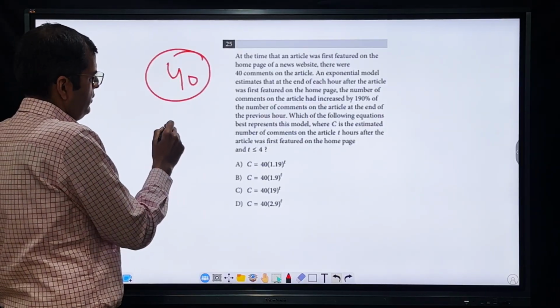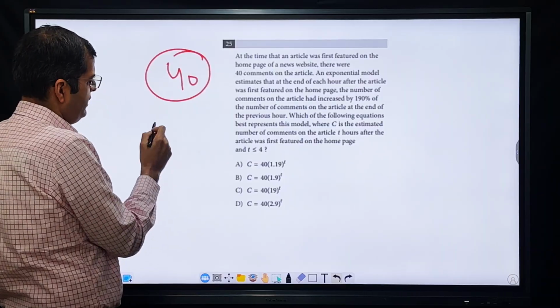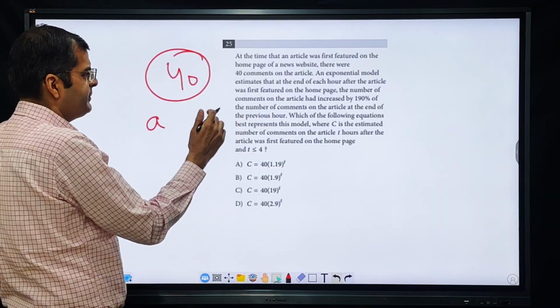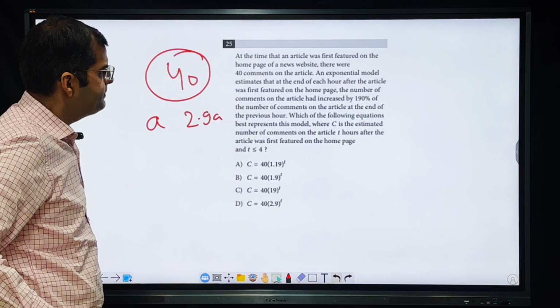Okay. So if at the previous hour the number of comments was A, now the number of comments is increased by 190%. That means it became 2.9A. That is an increase of 190%.